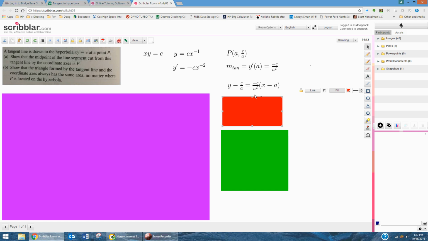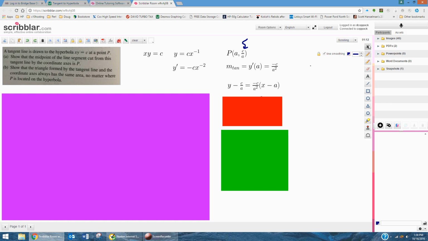There it is. y minus y sub 1, that's y sub 1 right there, equals the slope, minus c over a squared, times the quantity x minus x sub 1, point slope formula.